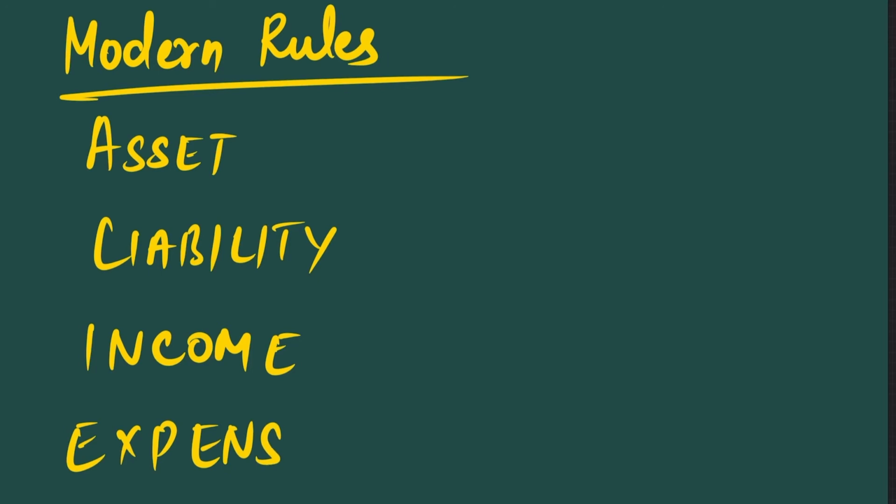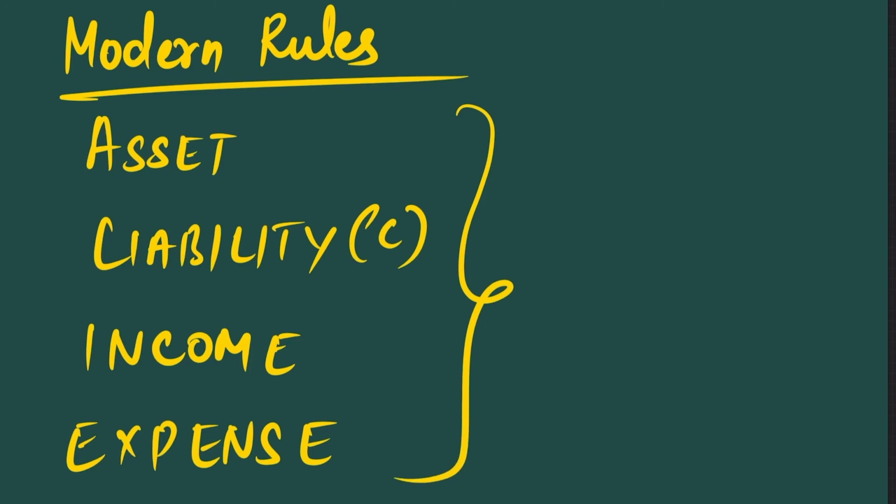Based on this classification, of course, there is one more classification wherein we can say capital also, but we can include capital under the liability head itself. Now, these are the four classifications in case of modern rules. So in every transaction, one of these or maybe more than one will be involved. For example, let's go back to that shopkeeper wherein he sold the book to the customer.